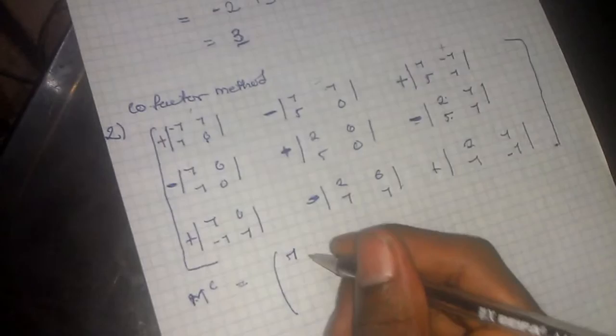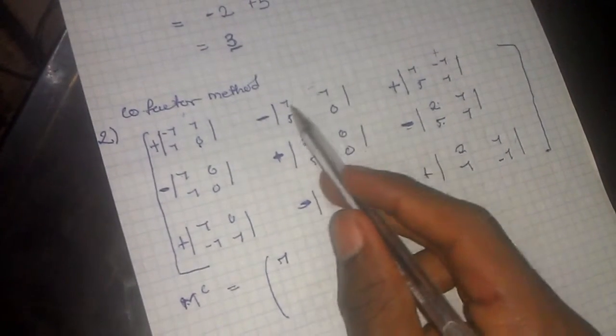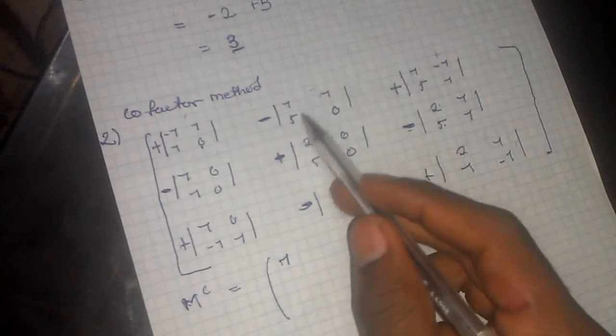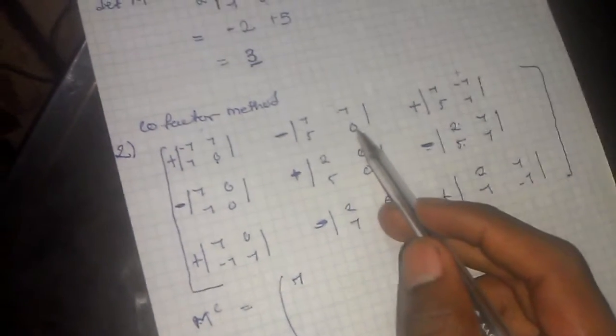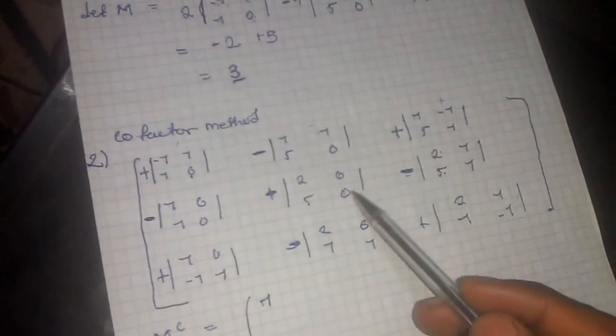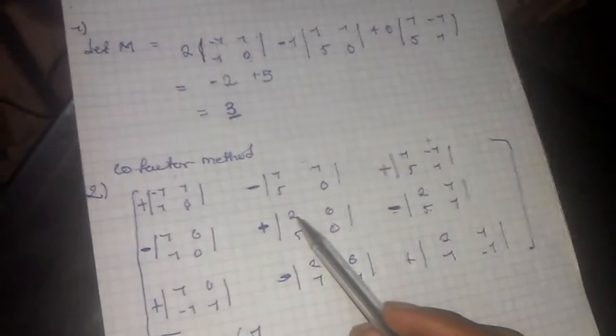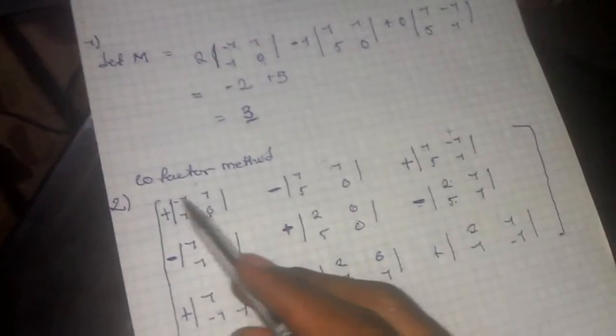I hope I'm not going too fast. 0 times this one minus that, 0 times that, so we have 0. Sorry, it was 0 times this one minus, so we have a minus 1 here.